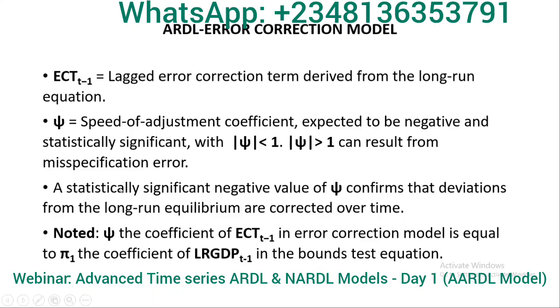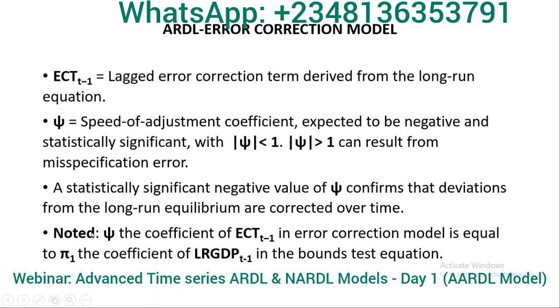So a statistically significant negative value of this psi confirms that deviations from the long run equation are corrected over time. So it's a confirmation that there's a long run relationship. If this speed of adjustment is negative, the absolute value is less than 1 and it is also significant, it's a confirmation of our bounds test.